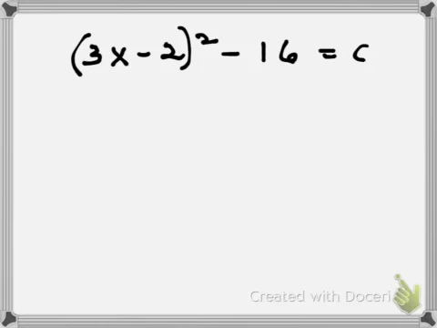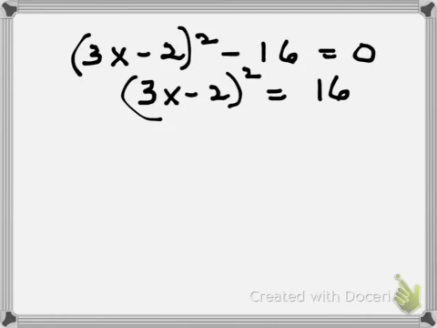All right, let's take one other problem. Maybe one or two, I'm not sure. Time-wise, we don't have a lot of time. I don't want to get hung up on one particular section. Okay, solve by any method. So you could expand it, you could use the quadratic formula, you could see if it's factorable, or this problem lends itself very well to adding 16 to both sides and doing it by square root.